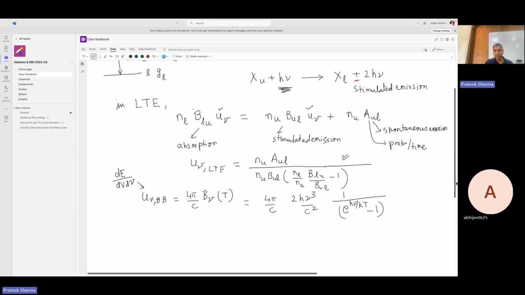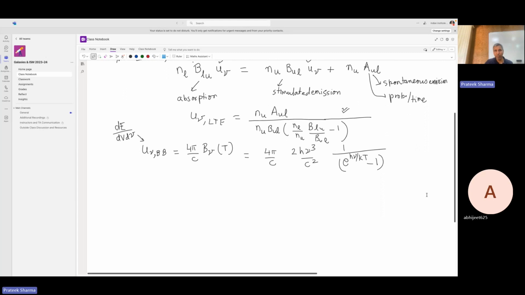So if you compare these two quantities, N_U just cancels. You can easily say that A_UL by B_UL is equal to 8 pi h nu cubed by c cubed. All we have to do is A_UL by B_UL equals this quantity, which is nothing but this.